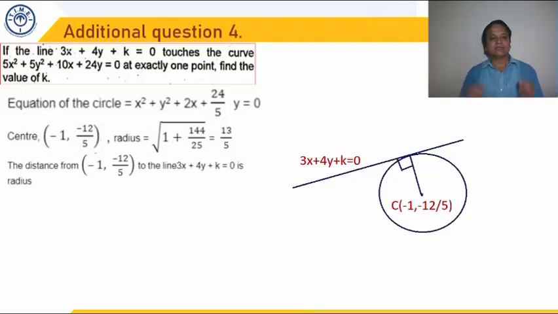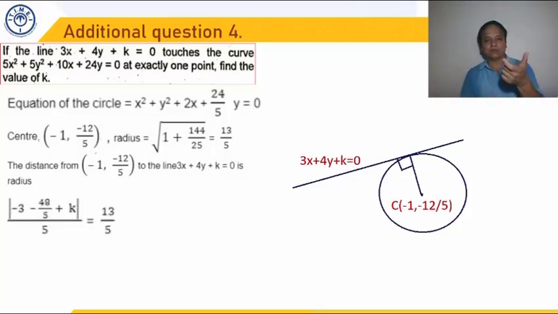So we say the distance from minus 1 comma minus 12 by 5 to this line is, how do we calculate the distance? We divide the equation of the given line by under root of coefficient of x square plus y square, put a modulus sign and put the coordinates of the point from where we wish to find the distance. So divide by under root of 3 square plus 4 square, that is 5, and we put minus 1 and minus 12 by 5.